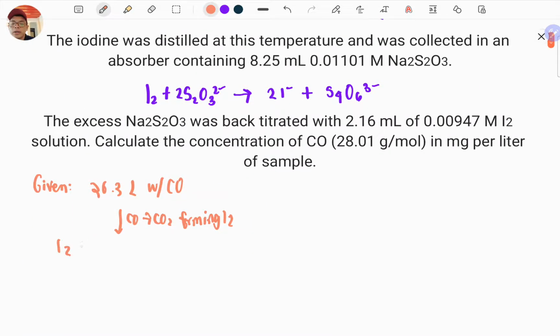Iodine was collected in 8.25 milliliters of 0.01101 molar sodium thiosulfate, Na2S2O3.